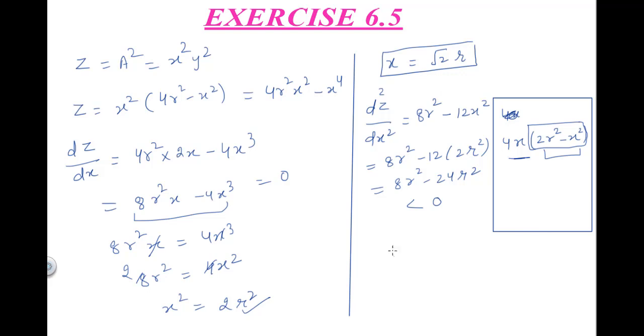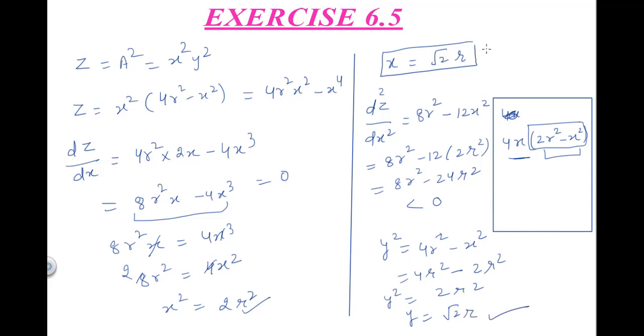So if x is this, the expression that we were having is y square is equal to 4r square minus x square. Clear? So 4r square minus x square we got as 2r square. So y will be equal to under root of 2r.